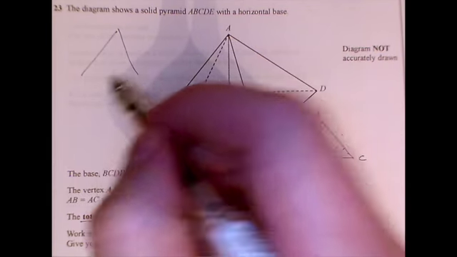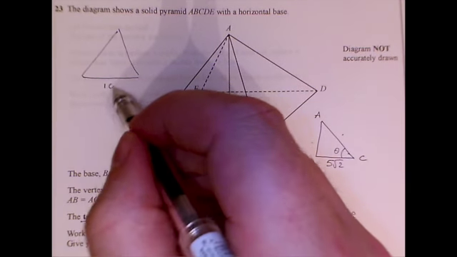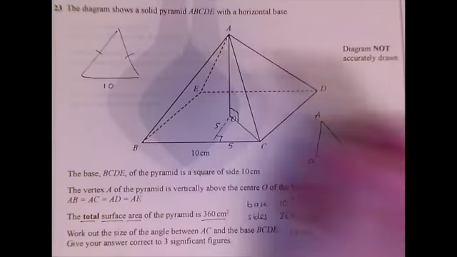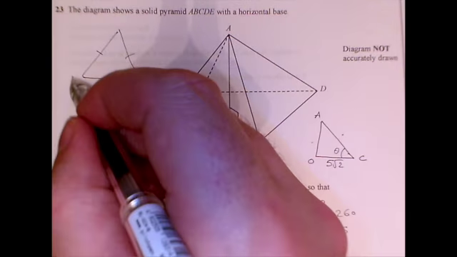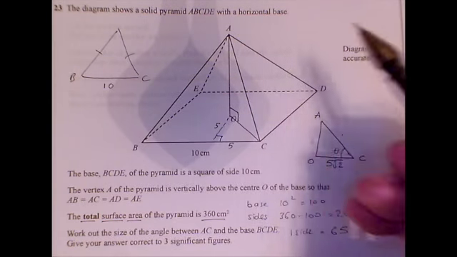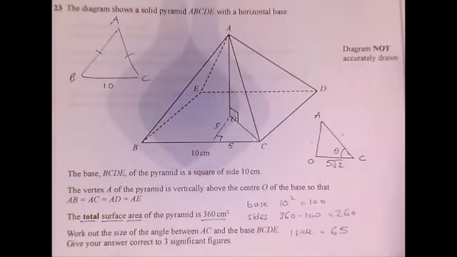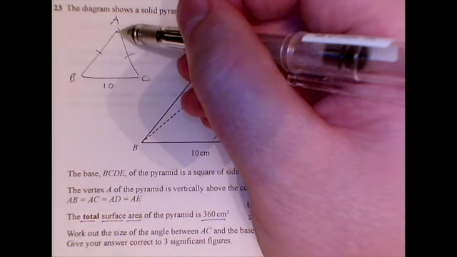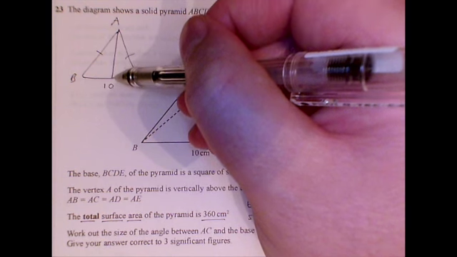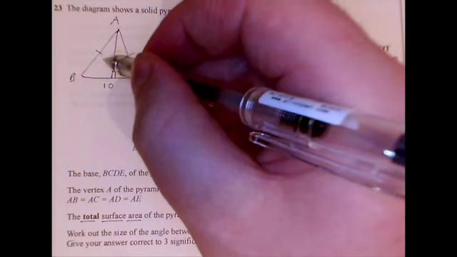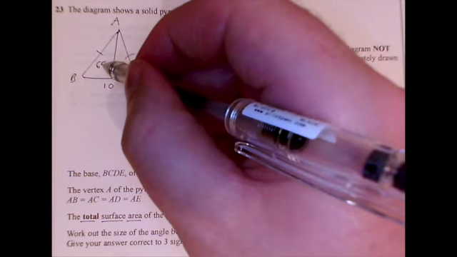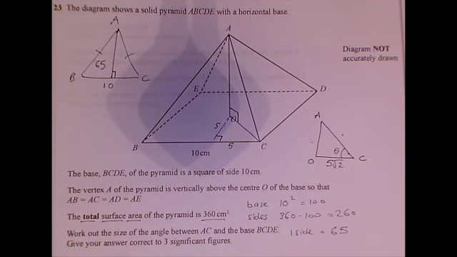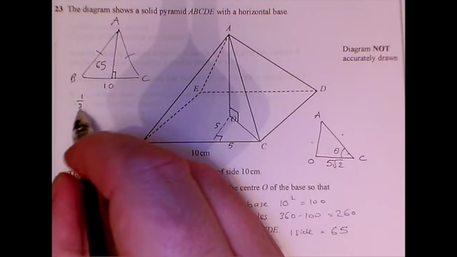So what I'm going to do is go up here and say that I've got a triangle that's got a base of 10, it's isosceles, and it's got an area of 65. And why would I want to do that? Because that would give me the height. I know the height and the base of this particular triangle will tell me the length of AC eventually, because I know the area is 65.